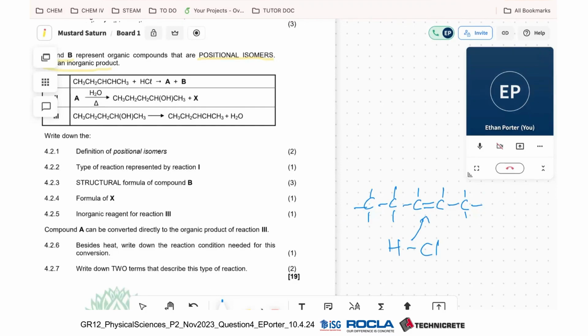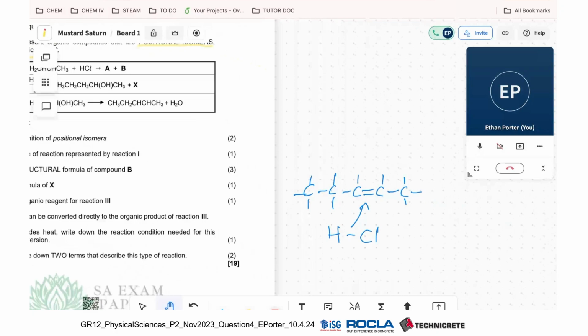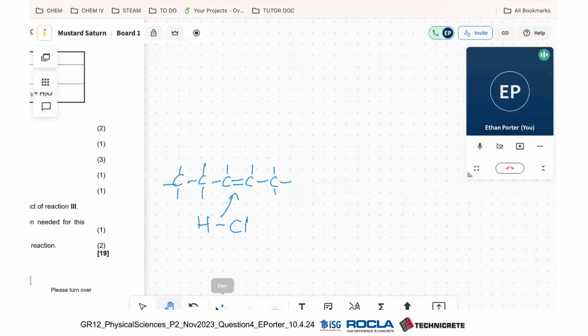From the information they told us, A and B represent organic compounds that are positional isomers. X is an inorganic product. So what you can see is that there are a couple different ways that HCl can add across the double bond. Specifically, I'll say R to represent that, and we'll call this R1 just to make it easier.